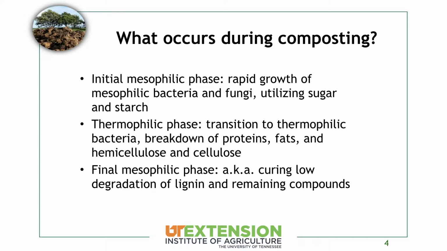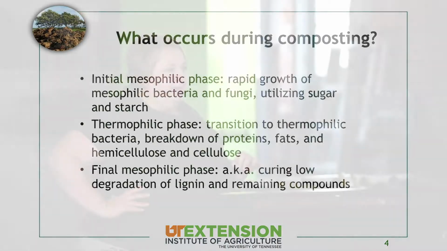So in the first little point of our pile, where we haven't quite reached that thermophilic phase, it's called the initial mesophilic phase. You have rapid growth of mesophilic bacteria, a term we commonly use for the organisms that grow at roughly our body temperature. Meso means middle and phile means loving, so they're middle-temperature loving.